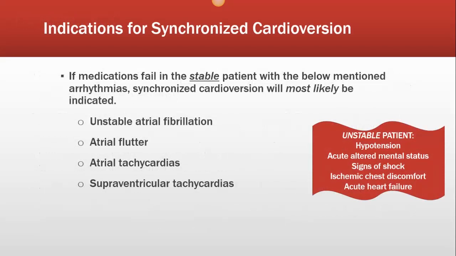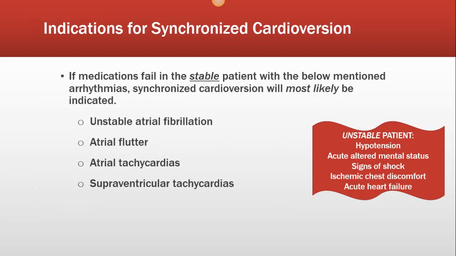If medications fail in the stable patient with the below-mentioned arrhythmias, synchronized cardioversion will most likely be indicated. So if somebody has unstable AFib, and what I'm talking about is they're maybe hypotensive, they may be having chest pain, they're just not feeling well, altered level of consciousness, they're not doing well with this AFib rate, they may go ahead and decide to synchronize cardiovert them.